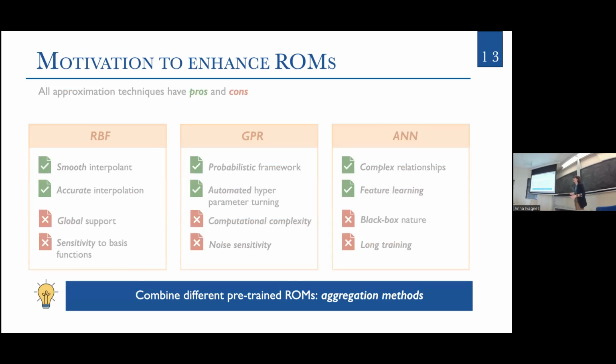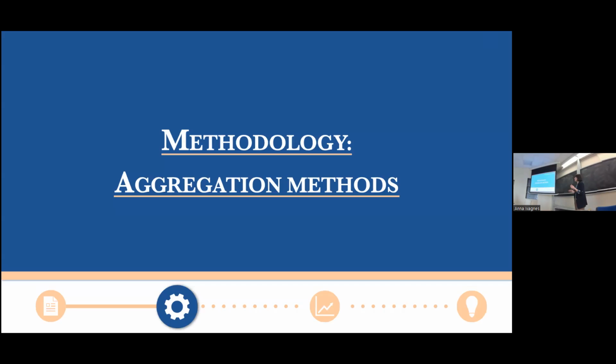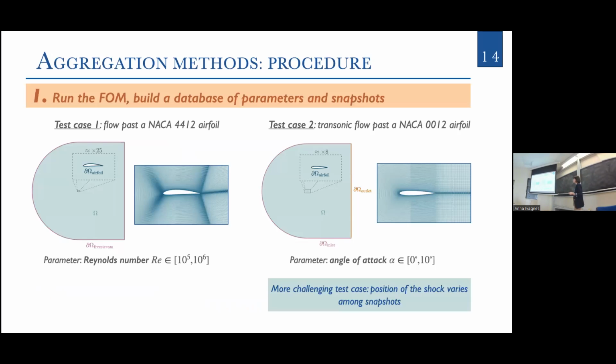So now our idea is, what if we combine all of these non-intrusive reduced order models all together? And so we build the so-called aggregation method, or aggregation model. Okay, so now I would like to start with a bit of methodology, the theory of these aggregation methods.